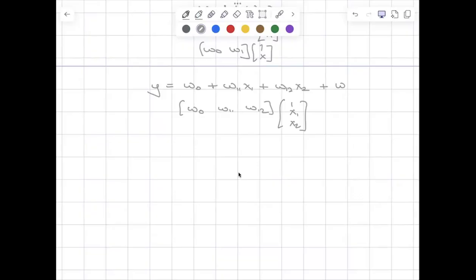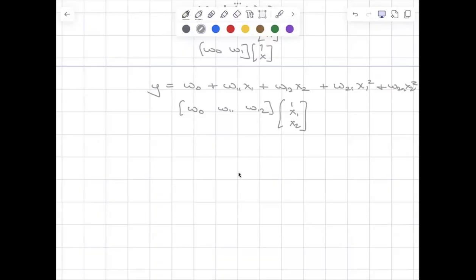And then if I have a more complex model, I can also have more terms. Actually that's not completely correct, because they're squares, so I shouldn't write it as 2. It would be W21 x1 squared plus W22 x2 squared.